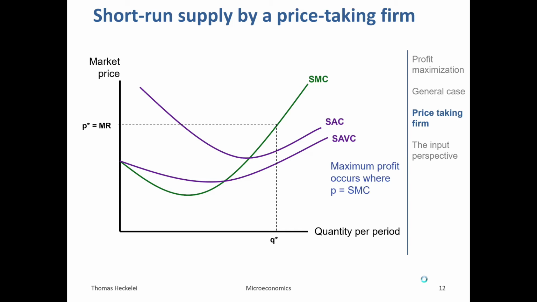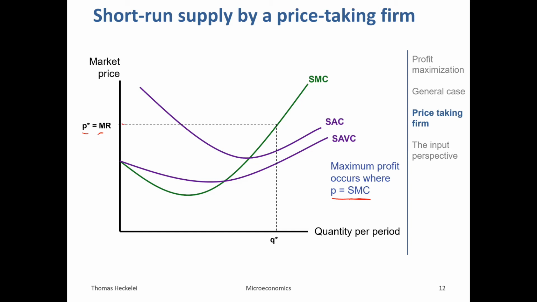So the two things, price and marginal revenue, are the same. And the second thing, again and again, maximum profit occurs where marginal revenue equals marginal cost, right? And marginal revenue in this case is P. Because of that, P equals SMC.